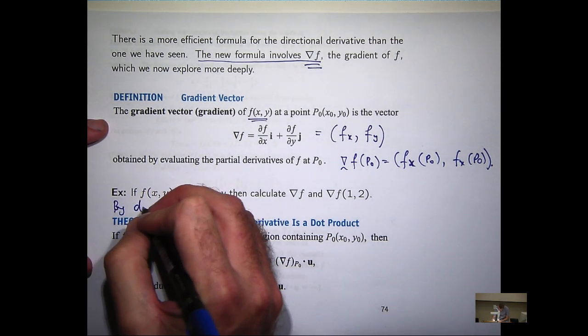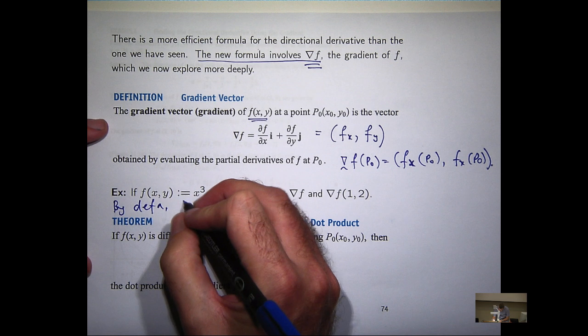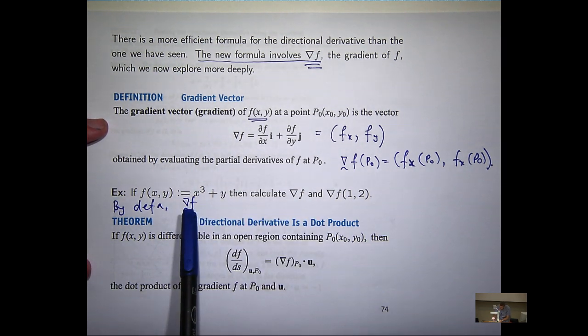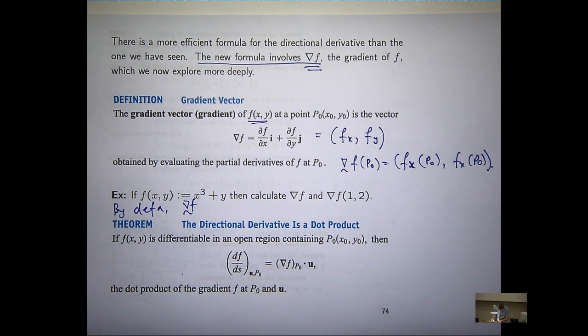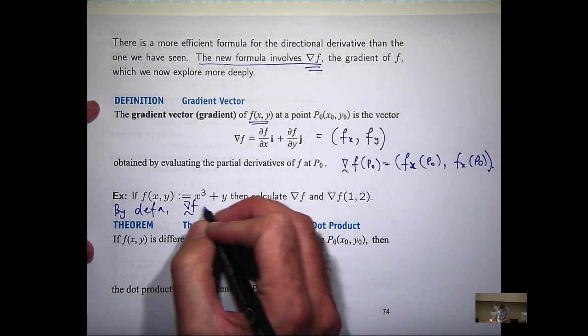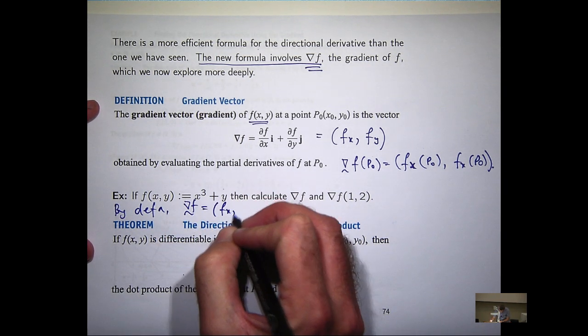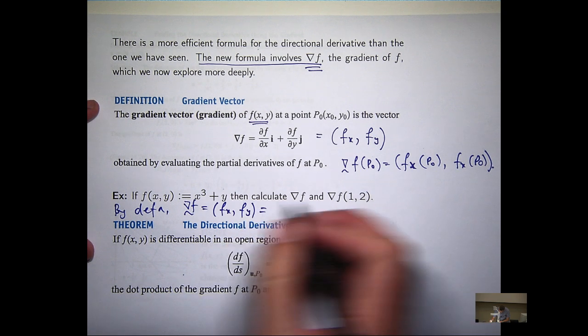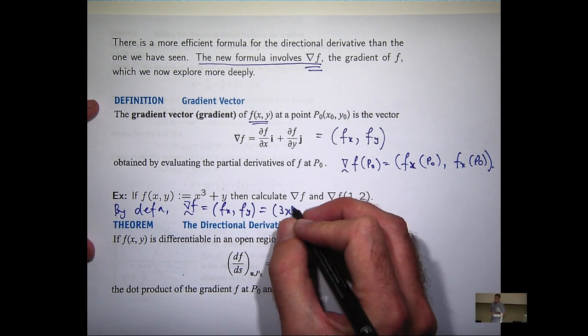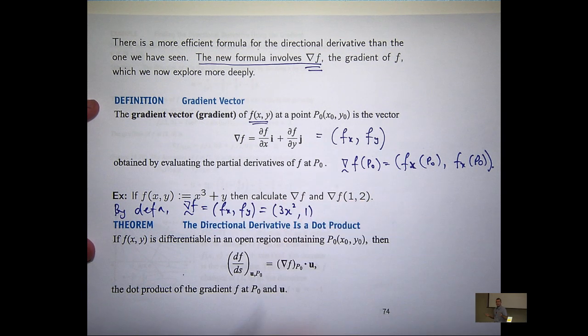By definition, now note that I'm putting a little tilde under my nabla. That's to emphasize that I'm dealing with a vector here, or a vector field. You don't see it there, but you see it there. It helps me keep track of things. So let's calculate the partials. Differentiate with respect to x, 3x squared, differentiate with respect to y.